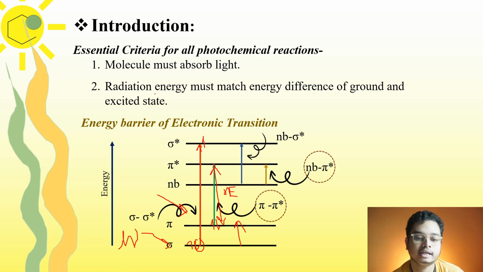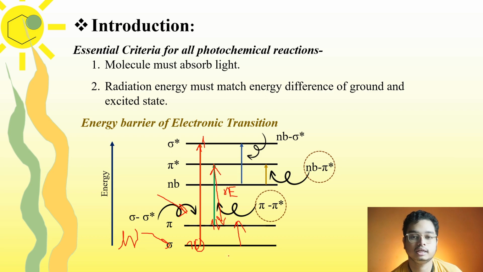Since sigma and sigma star have the same symmetry, according to the symmetry matching criteria this transition is favored, allowed, not forbidden. Whereas between sigma and pi there is no symmetry matching, and that's why this particular transition is forbidden.